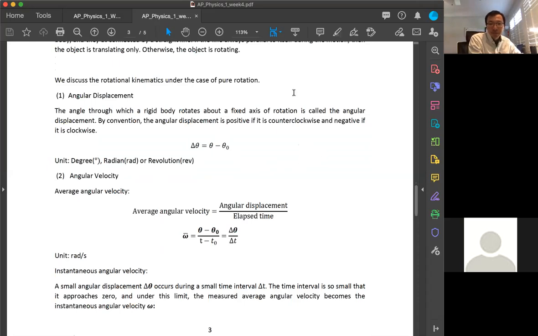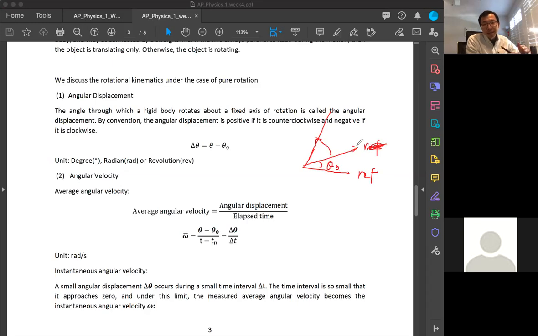We will have a starting angle, and we take that direction as the reference, and then we rotate counterclockwise into a new location.